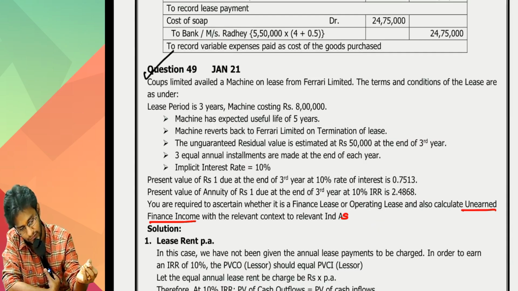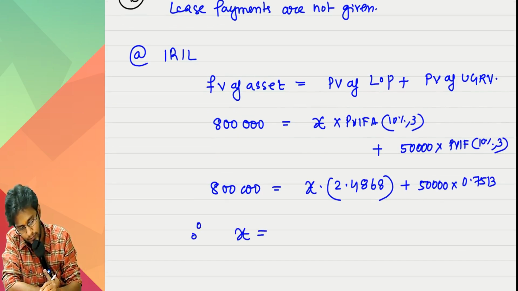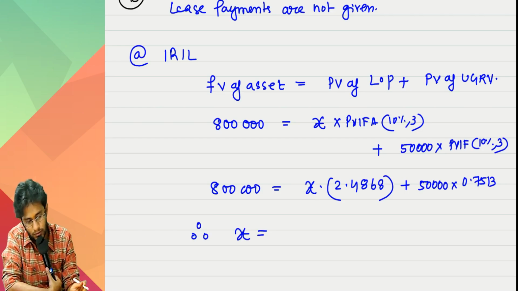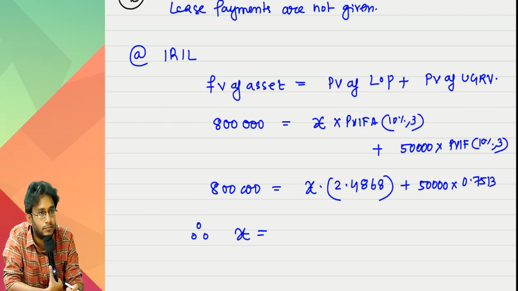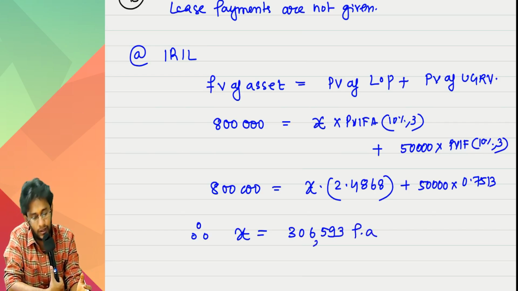So sort out X. 3,06,593 is your lease rent per annum.